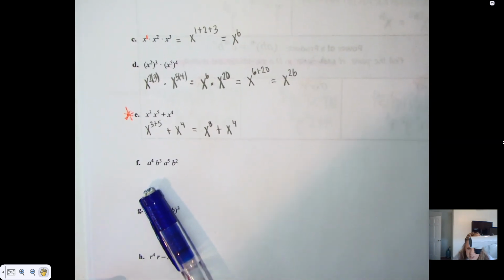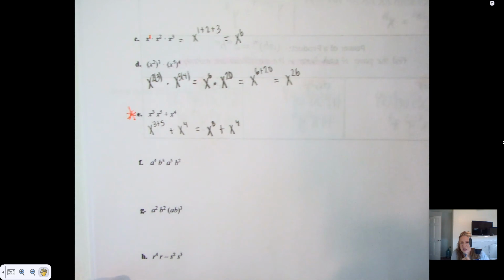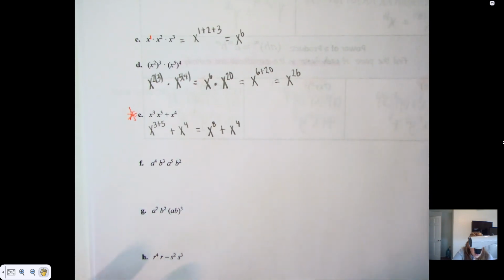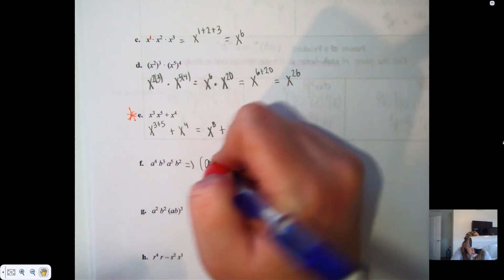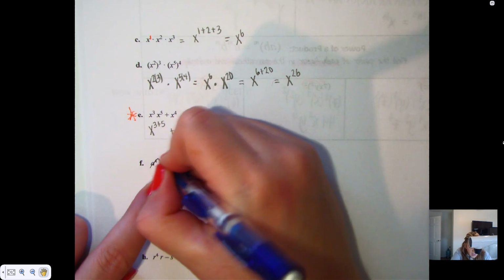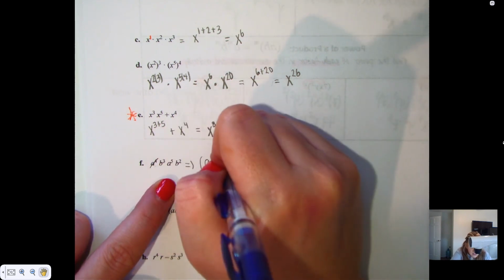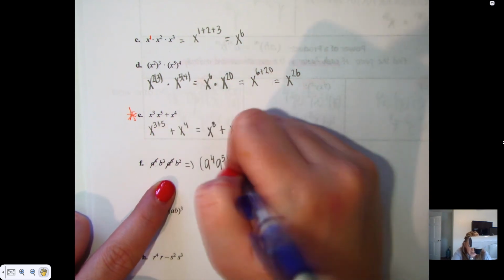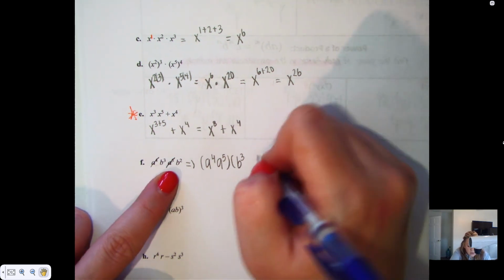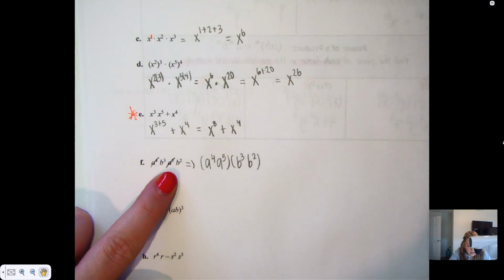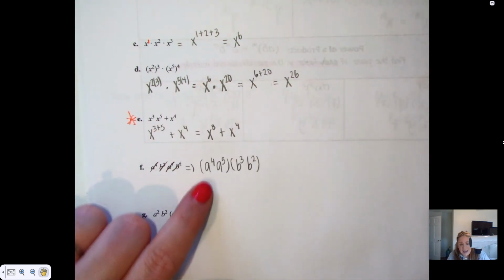This one, let's just reorganize this a little bit so we can see the same thing. I want the same bases together. So I'm going to rewrite this as, I'm going to put the A's together. So I have A to the 4th, and then I'm being multiplied by A to the 5th. And then in another set of parentheses, I'm going to put my B's together. So I'm going to have B cubed and then B squared, okay? And now what do I have?